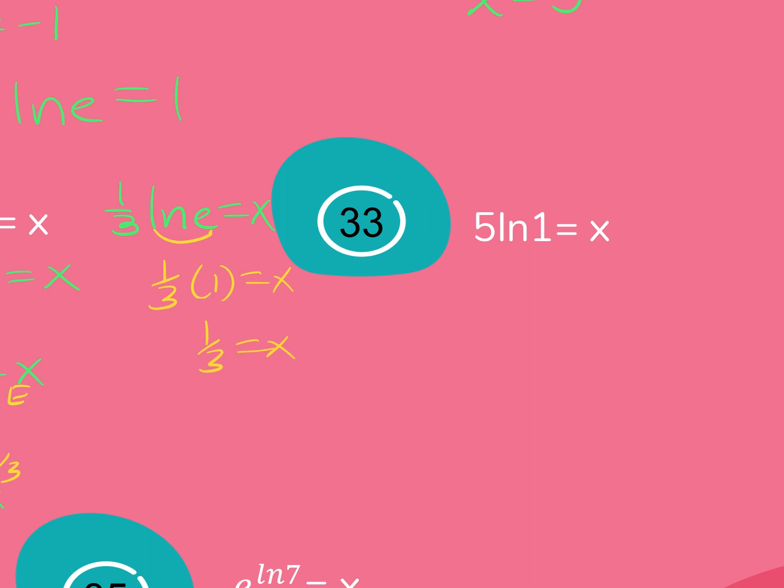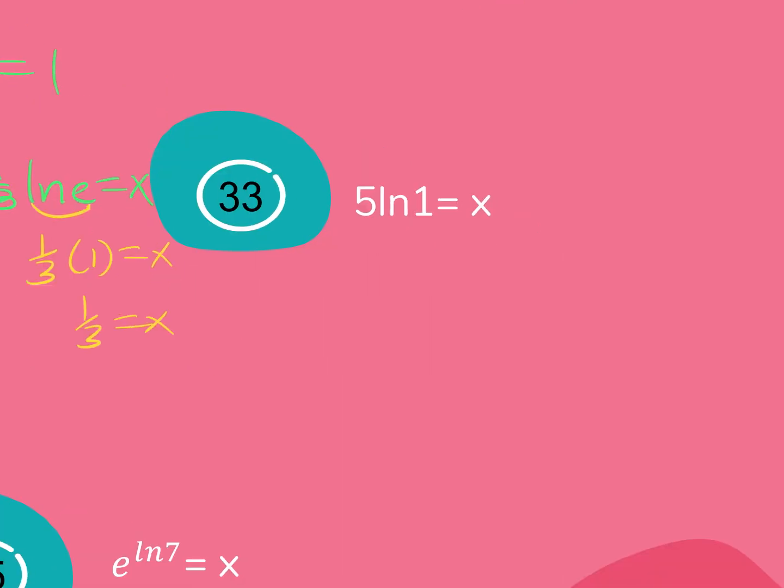All right, 33. ln 1. This is property, I think, number 1. What's ln 1 equal? 0. So I can change ln 1 to a 0, and then I'll multiply it, and x equals 0.